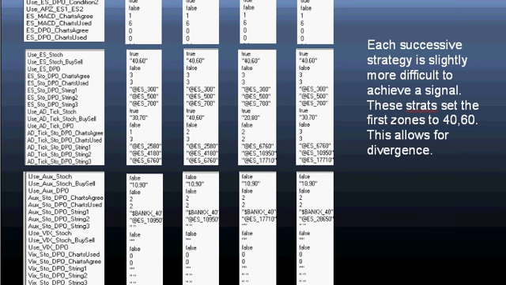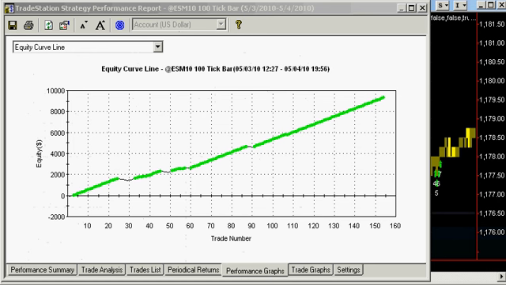Here is the performance report for the first group of strategies that we were running in chart number 1. It's pulling a lot of trades. And we are not running any kind of a stop on this particular group of strategies. However, we are running a profit target.